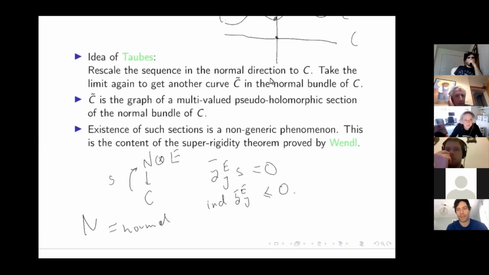Yes. So the point is that anytime you have a multi-valued, let's see.